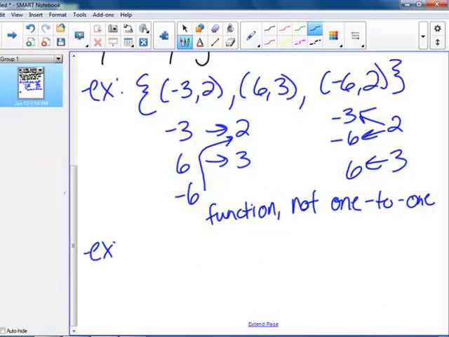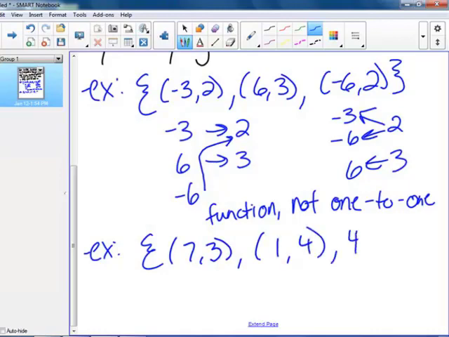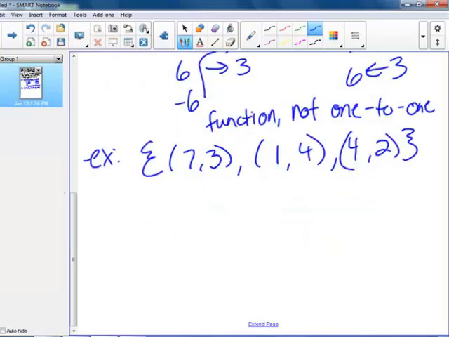Now, for something to be a function and one-to-one, let's say I have (7, 3), (1, 4), and (4, 2). So 7 goes to 3, 1 goes to 4, and 4 goes to 2. Nothing's doubling up.